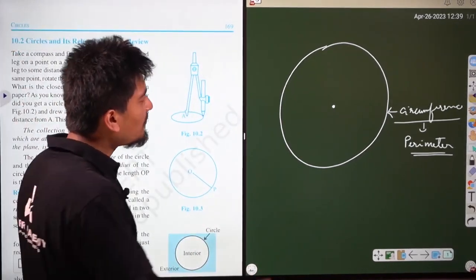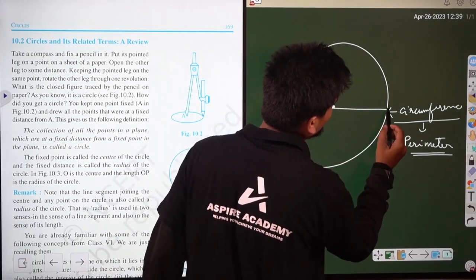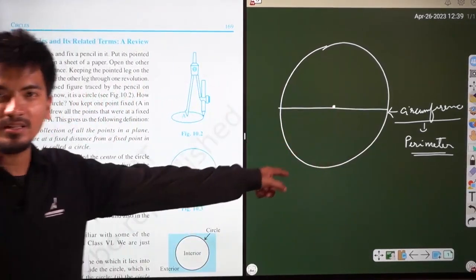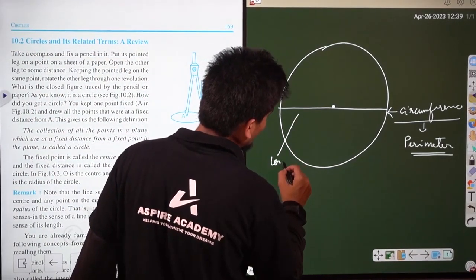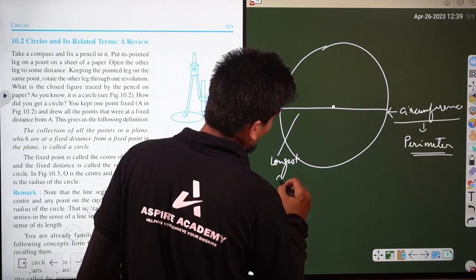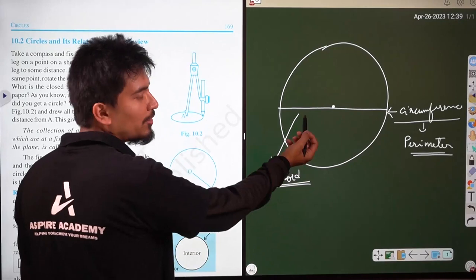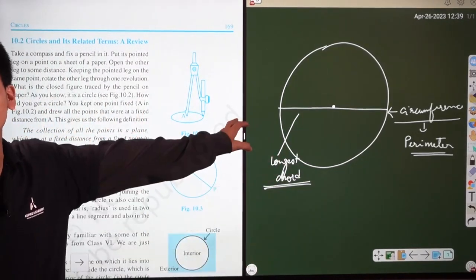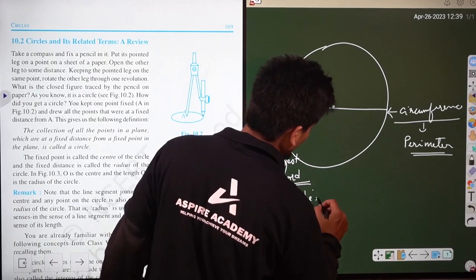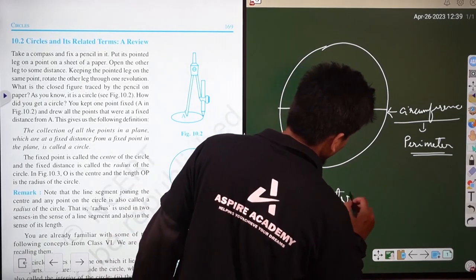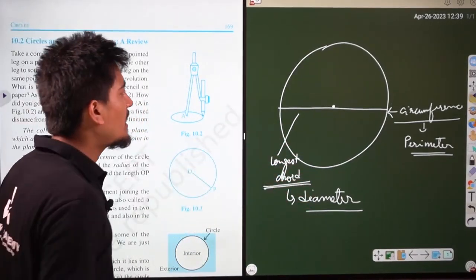Now if I draw one chord, say this one is the chord passing through the center of the circle. This is the longest chord, right? And what is the name of this longest chord? It is known as the diameter. We call the longest chord the diameter.